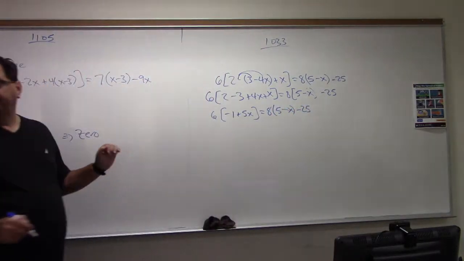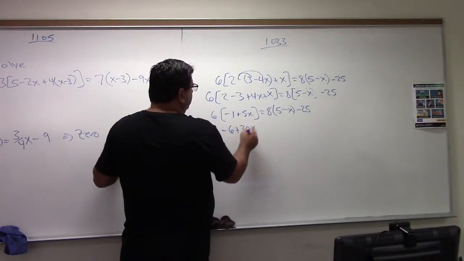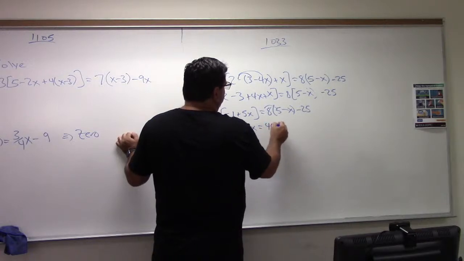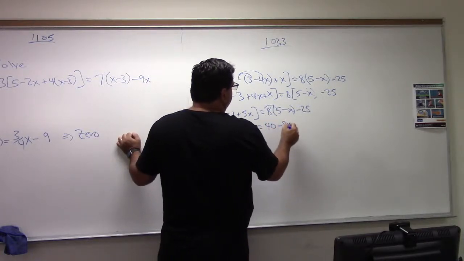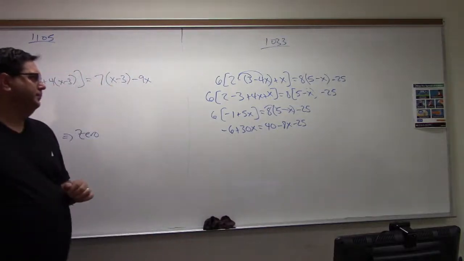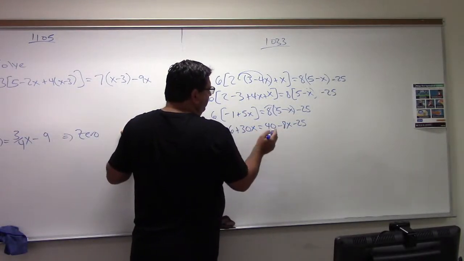Now we got negative 6 plus 30x equals 40 minus 8x minus 25. Do we agree? Yeah. 40 minus 25 is 15.